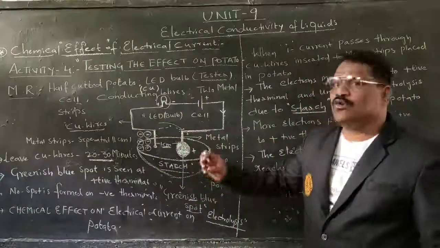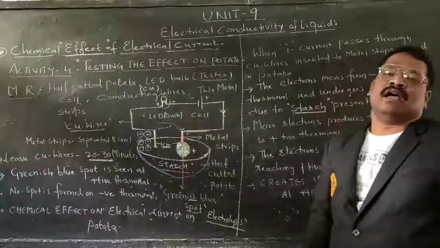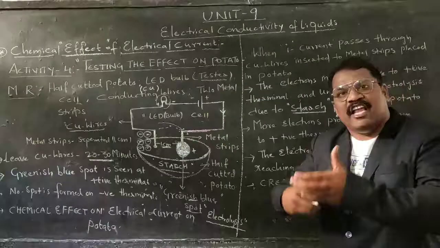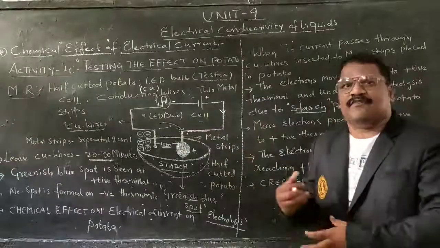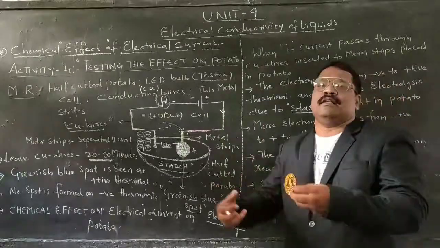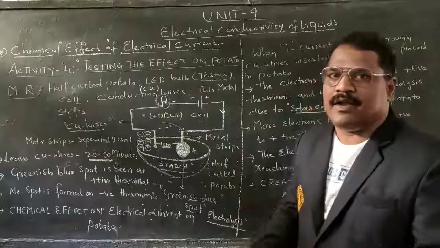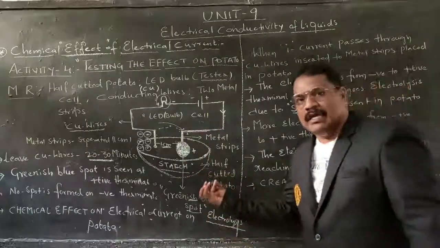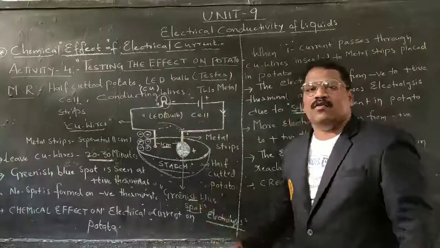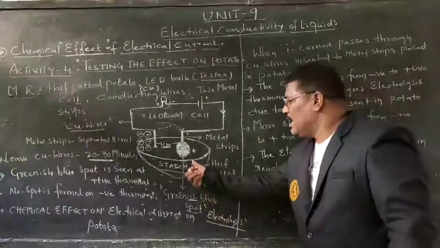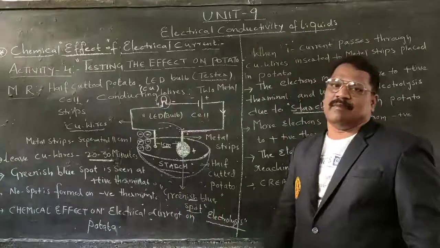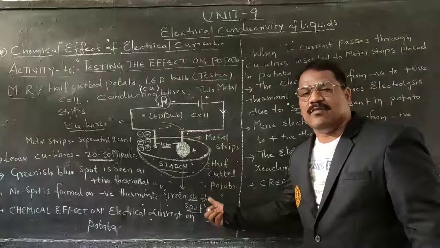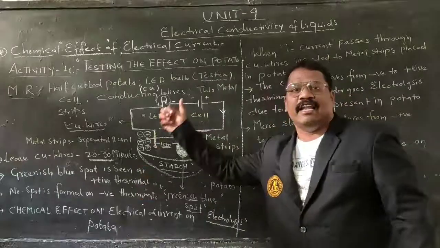Instead of potato, go through some other vegetable and try to perform an activity by yourselves, and identify what type of chemical change can happen when electric current is passing through that vegetable. We can identify it here. A greenish blue color spot is happening on the potato at the positive terminal, not at the negative terminal.